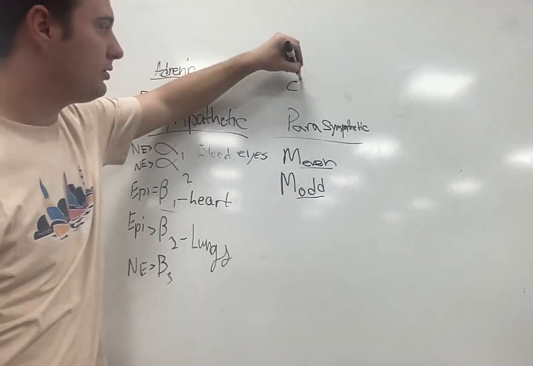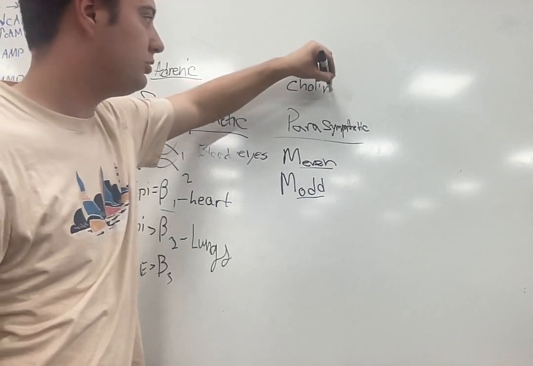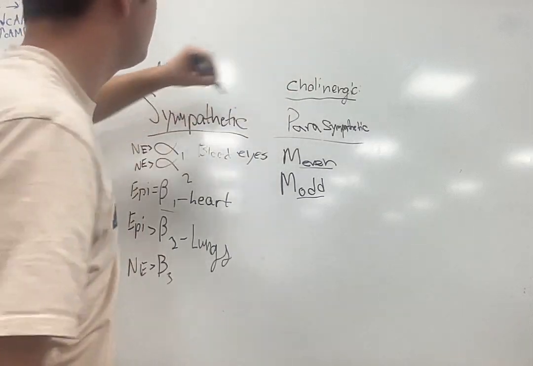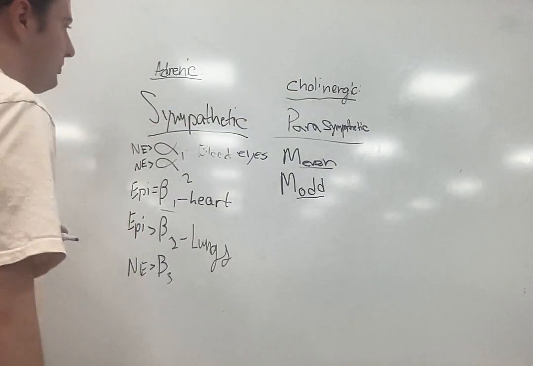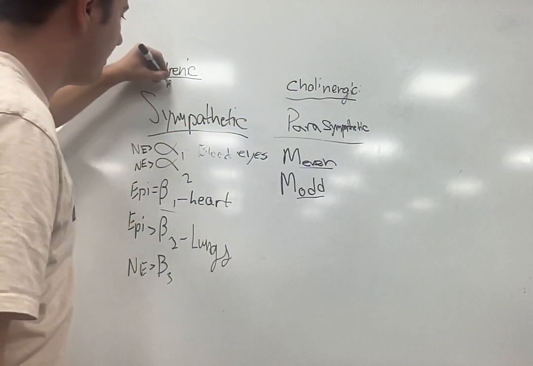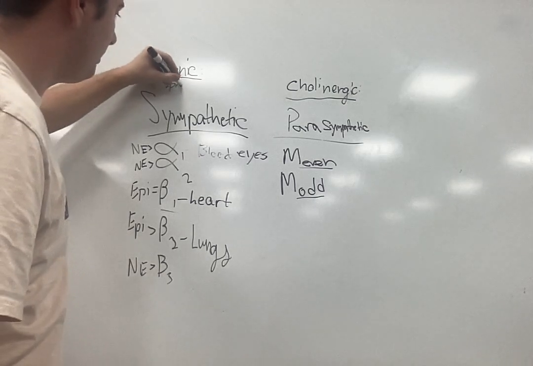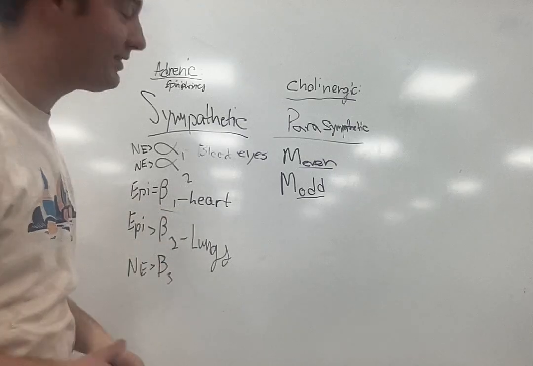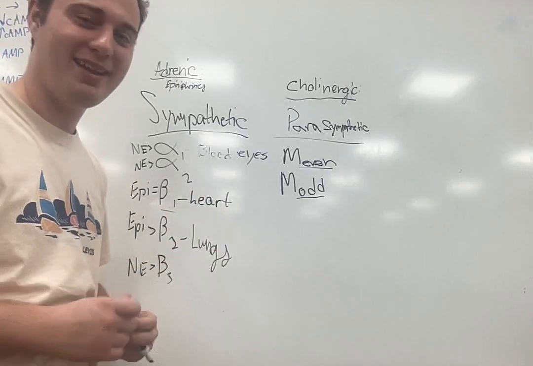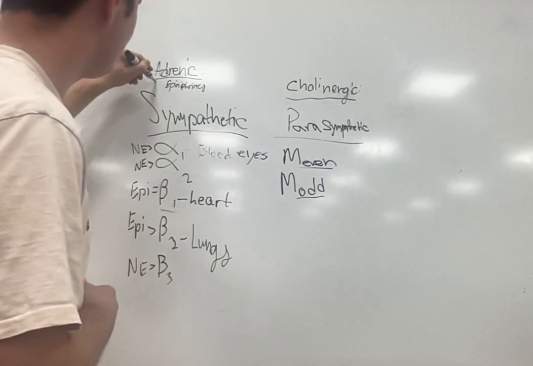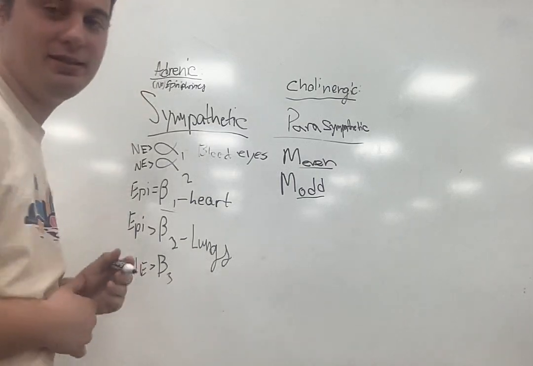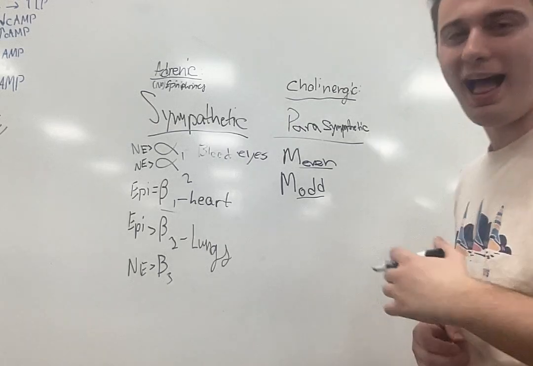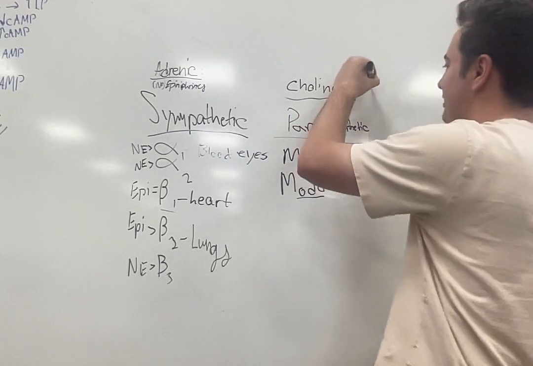Versus parasympathetic, which is cholinergic receptors. Adrenergic is any receptor that recognizes epinephrine, or the bad boys of epinephrines, norepinephrines, because they take no for an answer. Sorry, I thought that was clever. Cholinergic is stuff that uses acetylcholine.